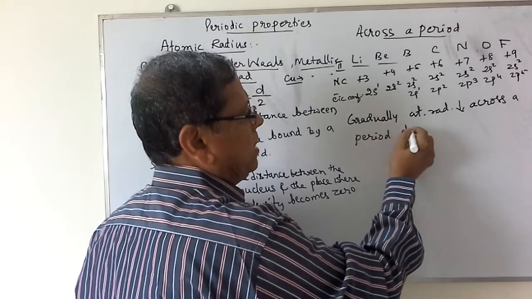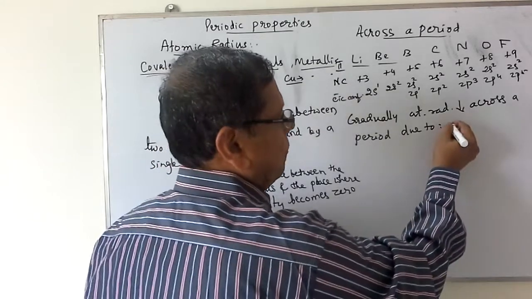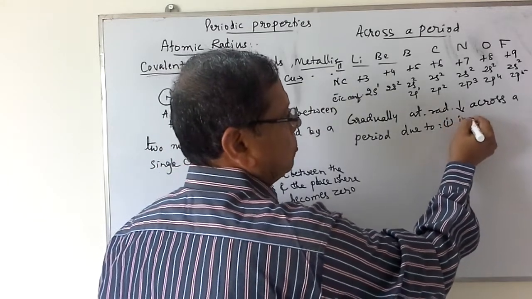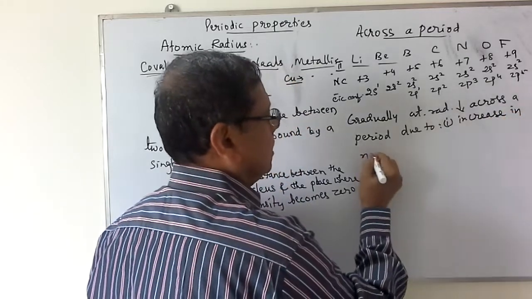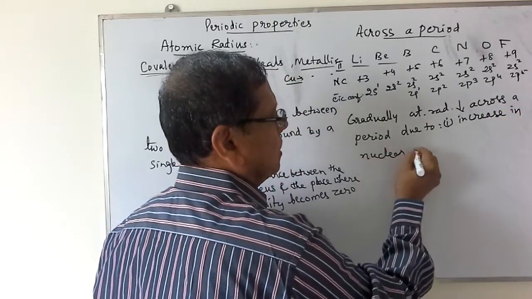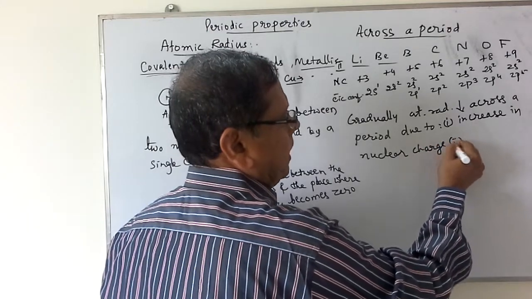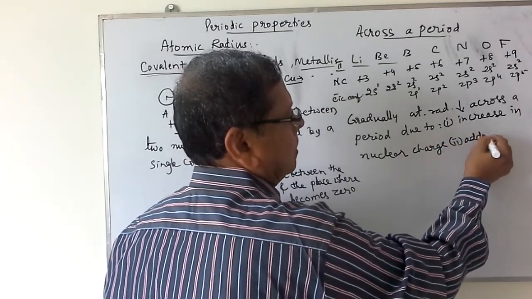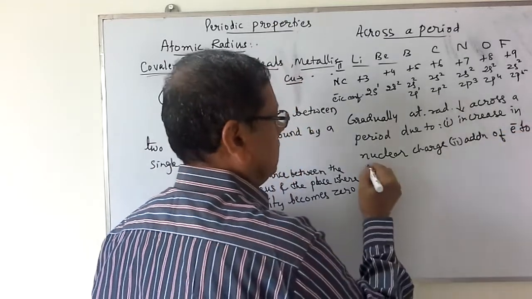This can be explained due to two reasons. One is increase in the nuclear charge. The second one is addition of electron to the same orbit.